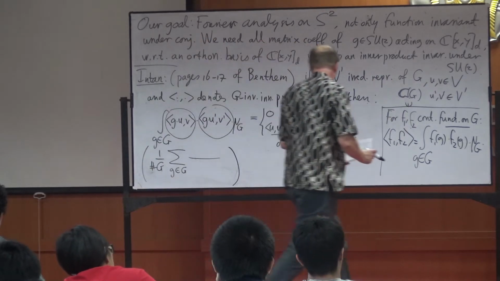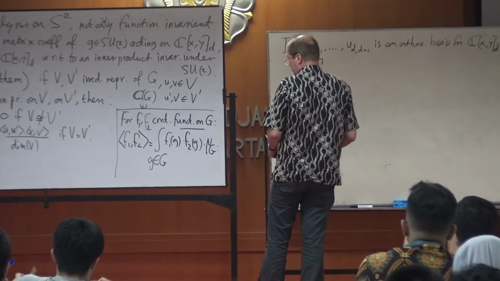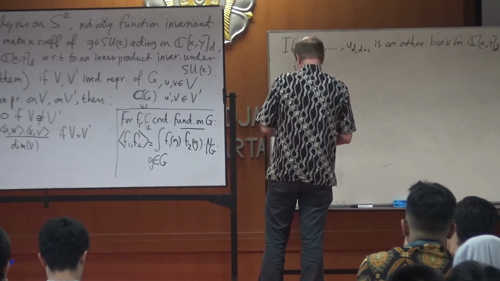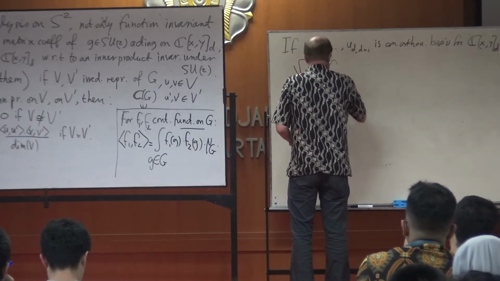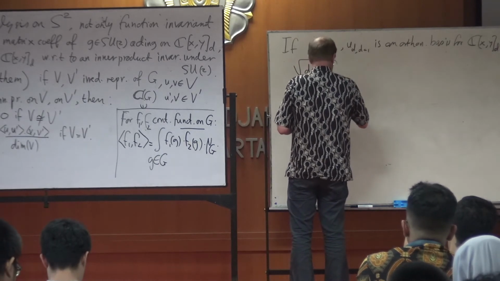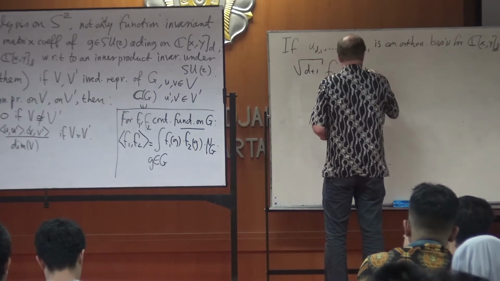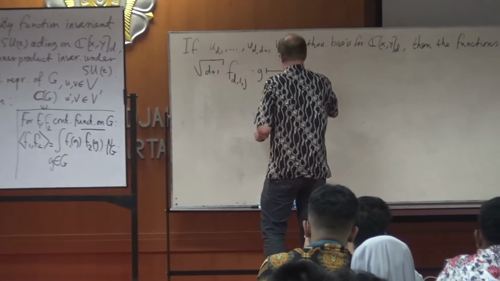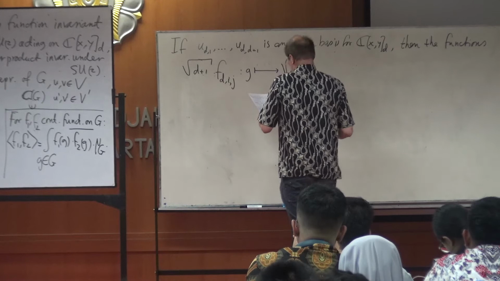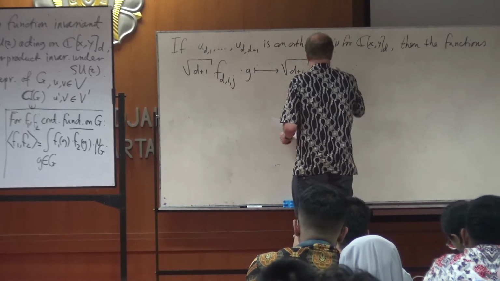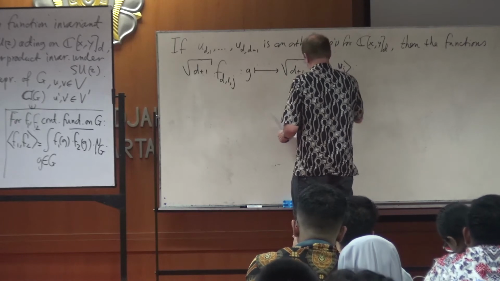Okay, so let me see. Times f d i j, and they send an element of the group SU2 to the square root of d plus 1 times g u i inner product u j, right?